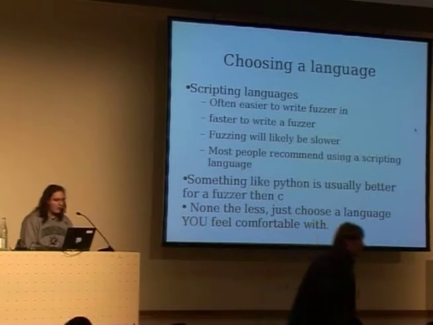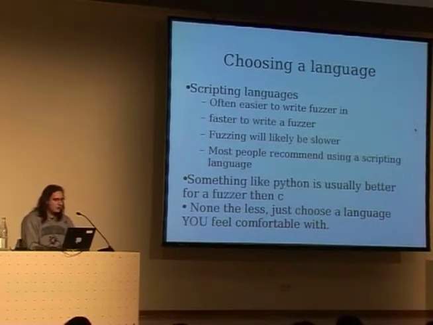How I feel about writing fuzzers is that scripting languages usually are a lot easier because you can write less code and have the same thing that you would have in C code.